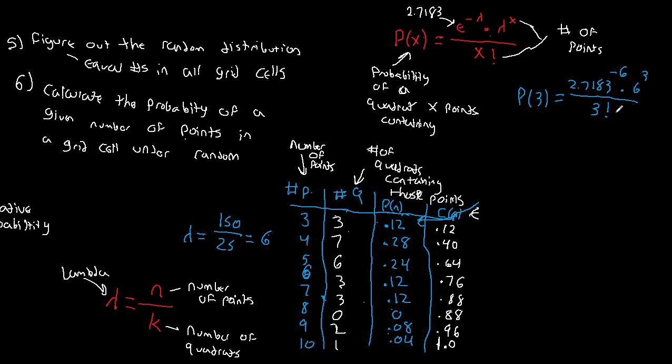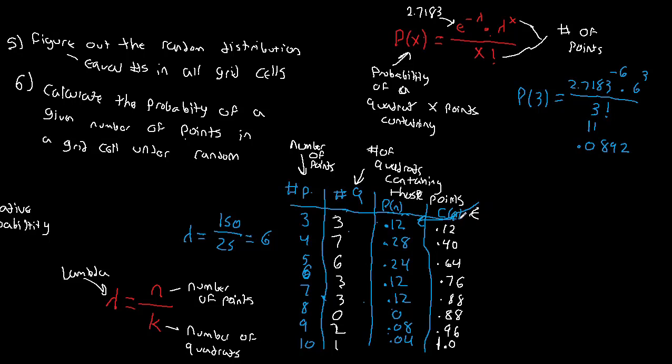Right, so all I've done here is I've replaced x with 3 because we're worried about 3 points, and then I've replaced everything with the numbers that we've already calculated. So if you do the math on that, what you get is a probability of approximately 0.0892, right?